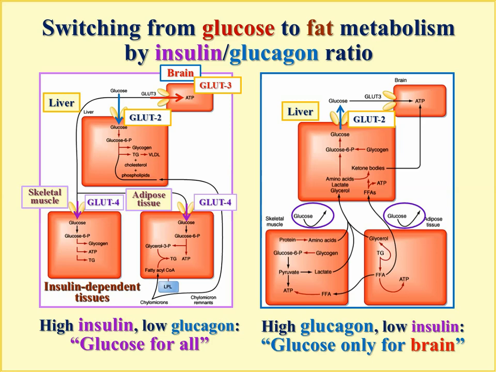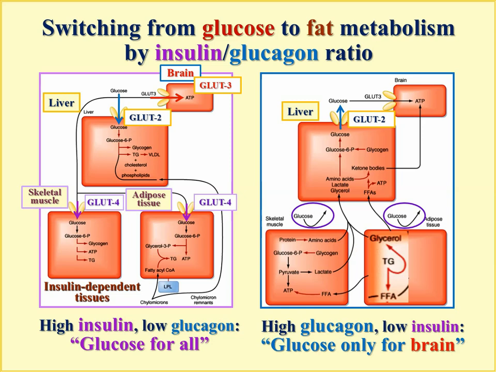Then you can see that now insulin-dependent tissue without insulin, they don't have GLUT4 transporters, and glucose cannot be taken into these cells. Therefore, they have to switch to metabolism of stored glycogen for muscle cells, but note that muscle cells use this glycogen only for themselves. They do not release it into blood back. And also, the adipose tissue cells simply use triacylglycerols to split into free fatty acids and glycerol.